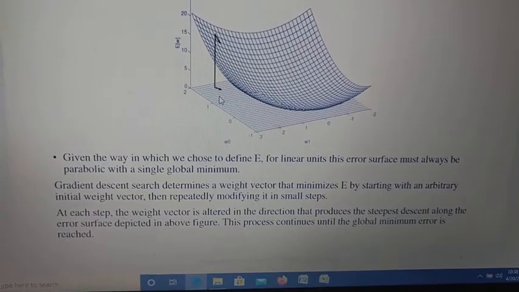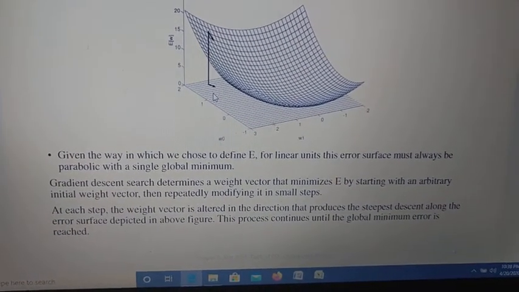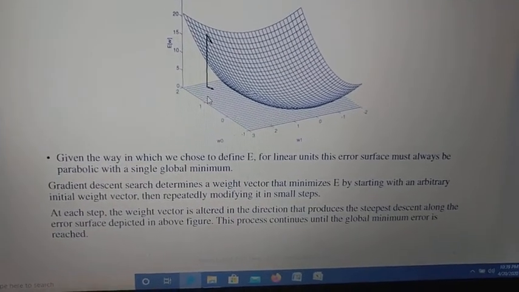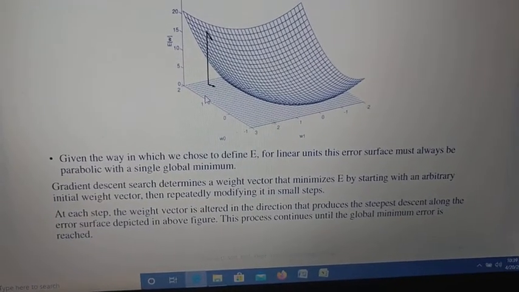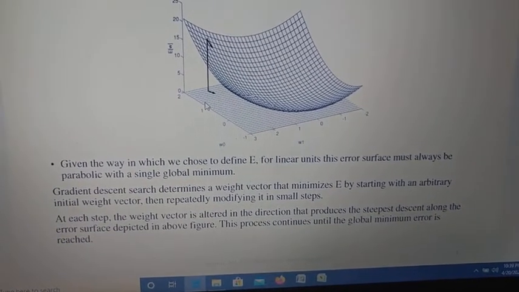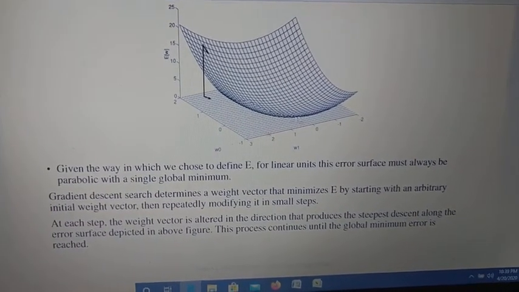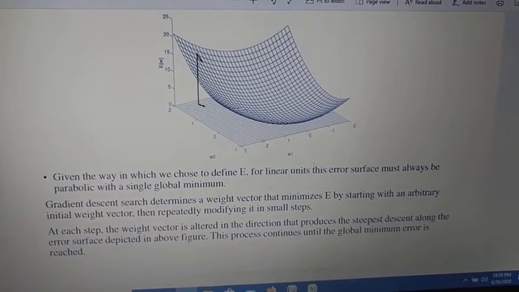As we all know, in the gradient descent method, we randomly choose a weight vector and try to minimize the error by starting with an arbitrary value, and then repeatedly we modify the weight step by step so that there is a decrease in the error, and then we get the steepest descent.